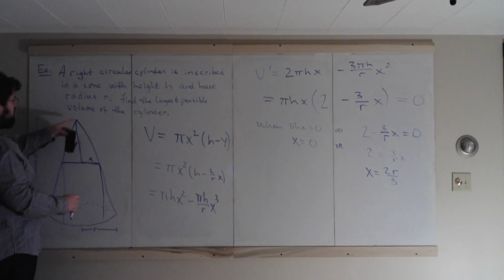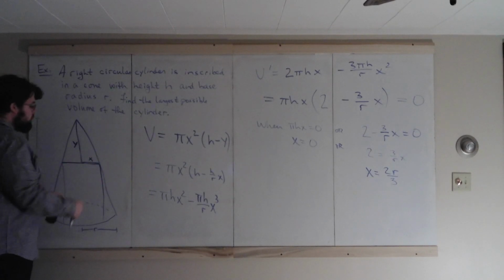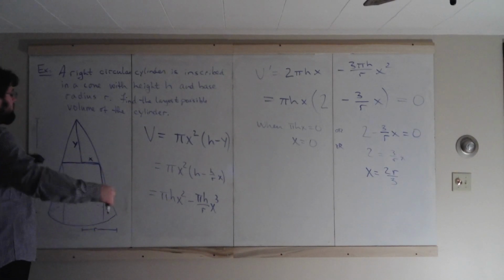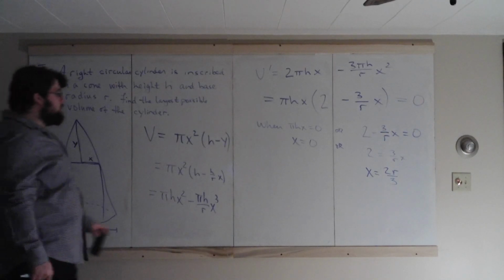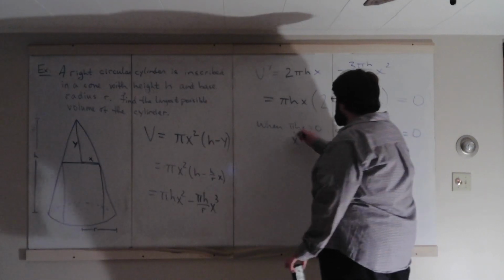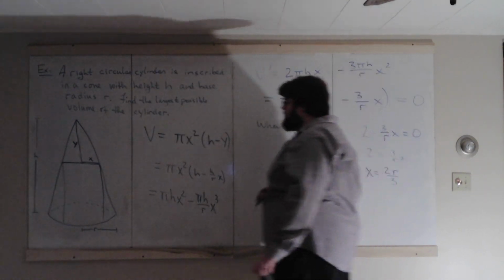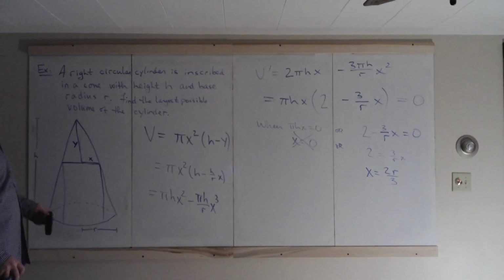But you can see, if it went all the way to the top, then the base of the cylinder would no longer be a circle. It would be a point, and a point does not have area. So extending a point would not have volume. So x equals 0 does not matter. That other point will matter, and that other point will give us the largest possible volume of a cylinder.